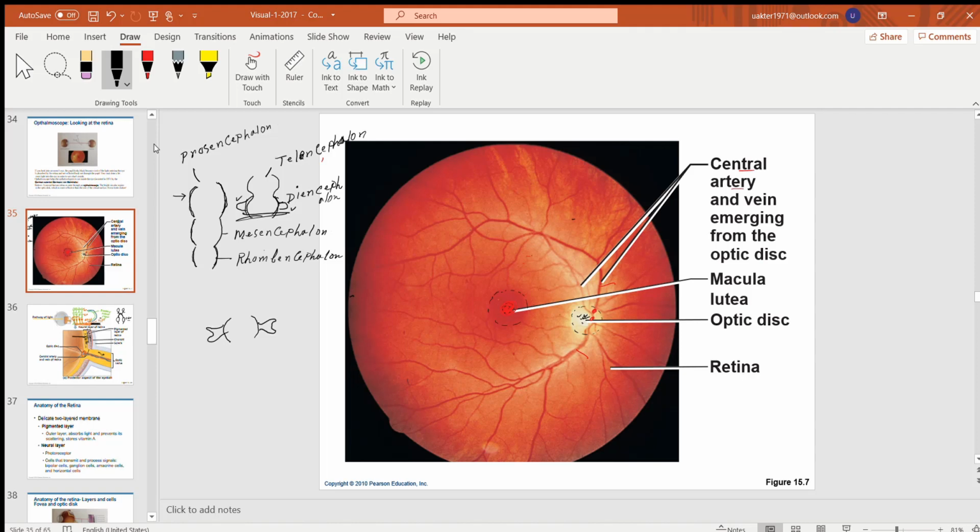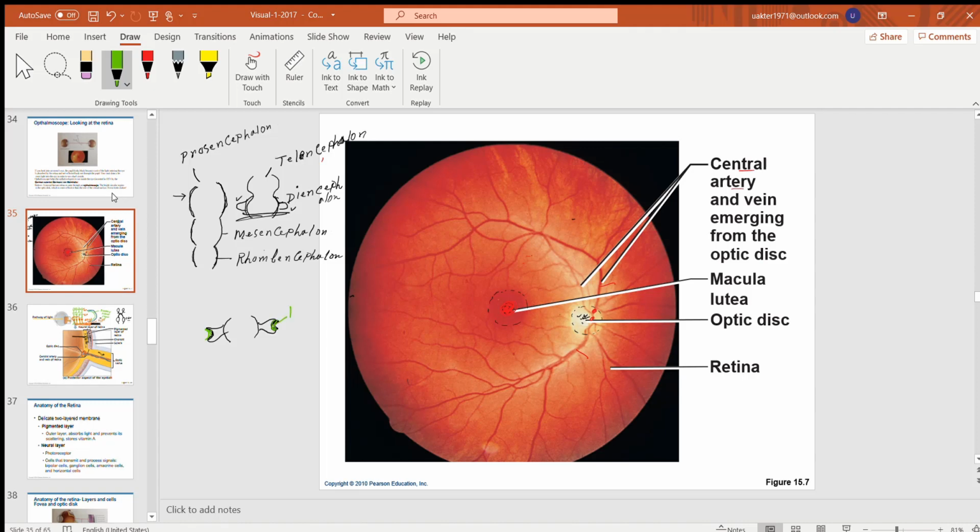This part forms the retina, and eventually two layers are formed, the outer pigmented layer and the inner cellular layer of the retina.